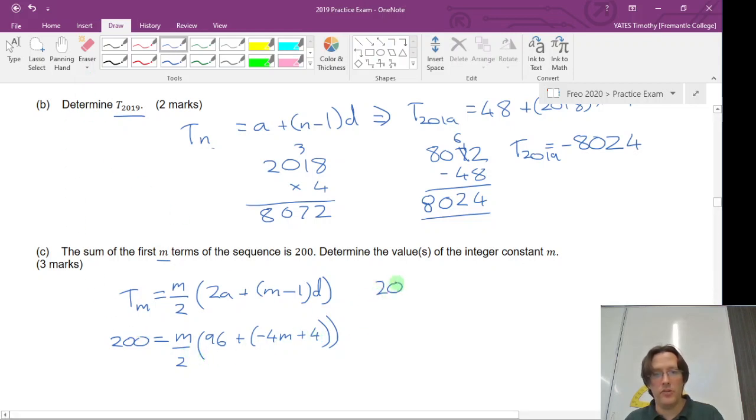So what we end up with is 200 equals m on 2 times (100 take 4m). We can divide both of those by 2. We end up with 50m, because we divided it by 2 there, and negative 2m squared.